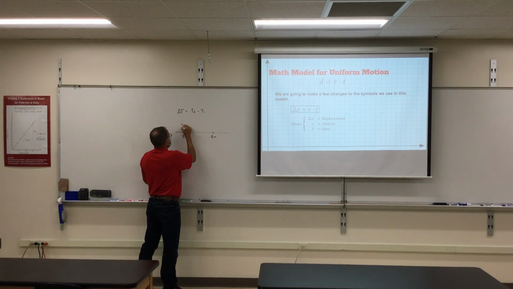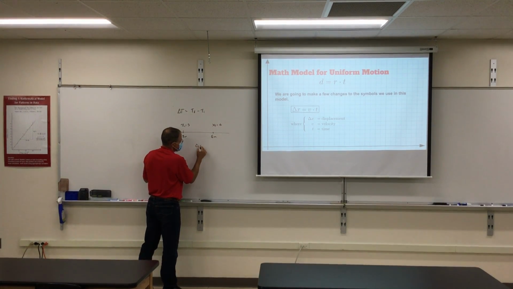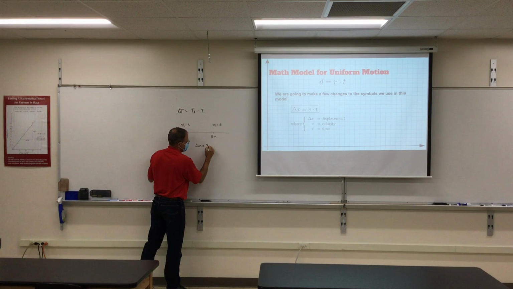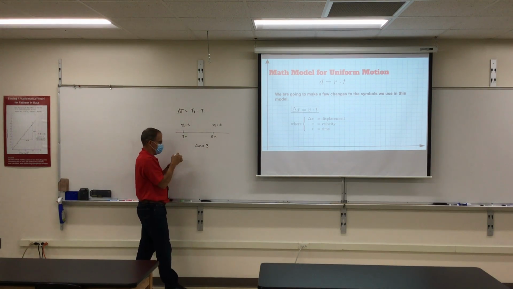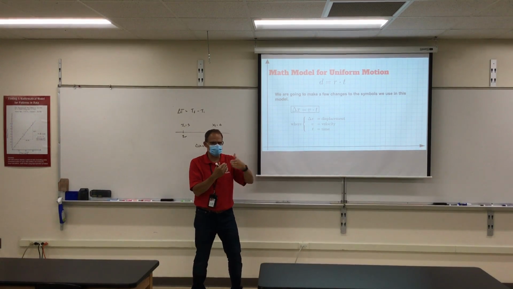Okay? So I would say that the initial position is 3, the final position is 6, and the distance it moved, its displacement, is going to be the final minus the initial, which is 6 minus 3, which is 3. So we're going to use delta x to represent how far something has moved, its displacement, okay?